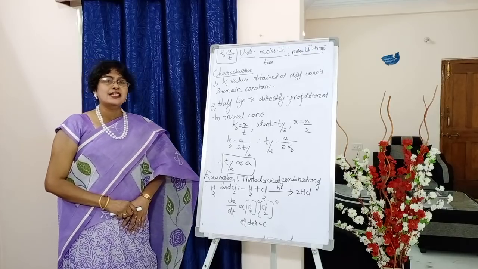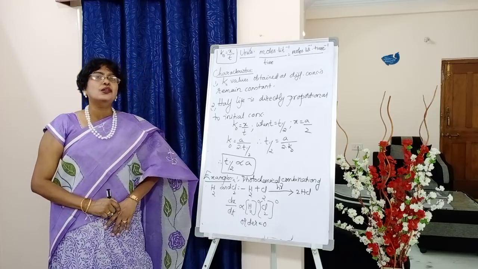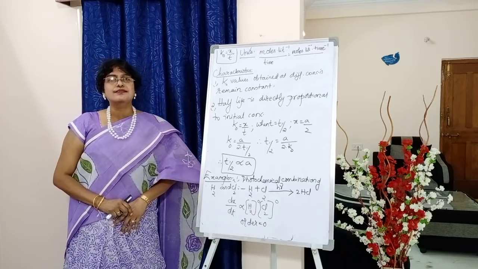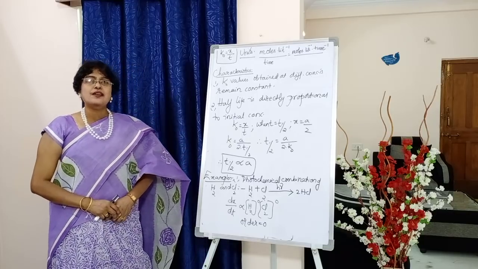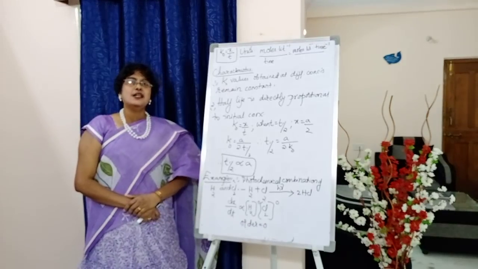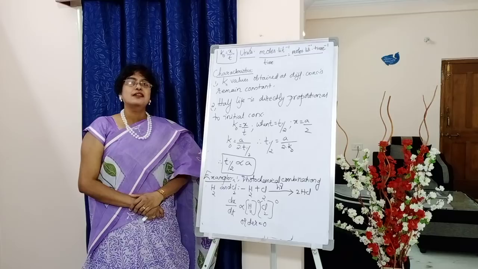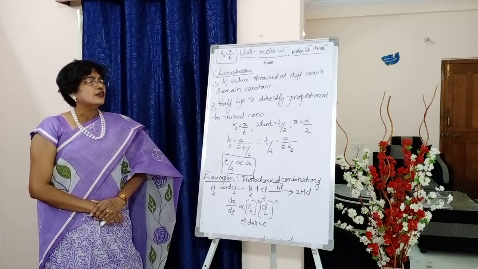So let us prove it. Write down the expression for K naught. K naught is equal to x by t. Okay. So below write down. When t is equal to t half, that means t is equal to t by 2, half the time. So x will be how much?